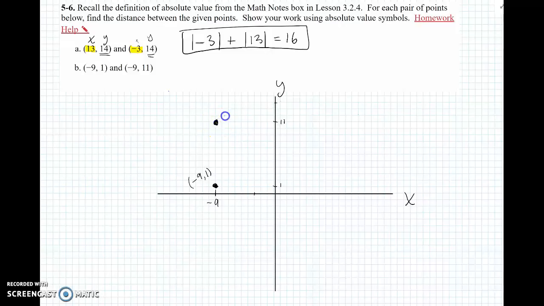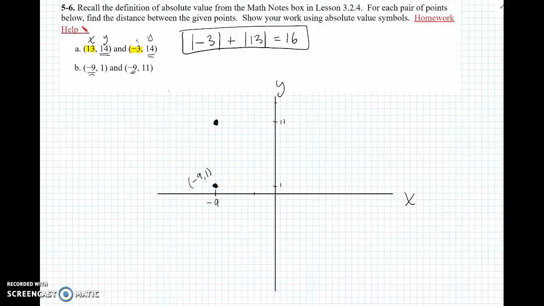So to do this without graphing, you would need to notice that they have an x-coordinate that is the same. And think then what that means: if they're not the same exact point, because they're not, then they're going to be right above each other because they share the same left and right component. So they're both at -9. One is on top of the other one.